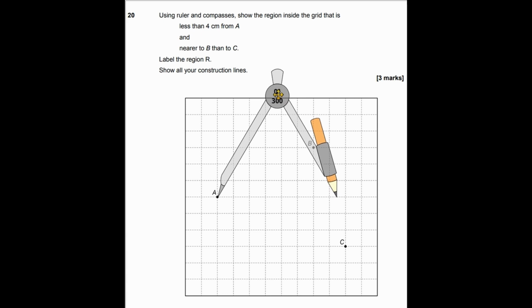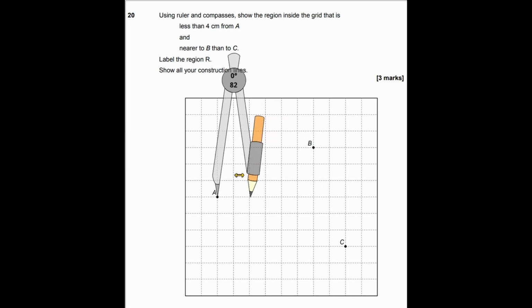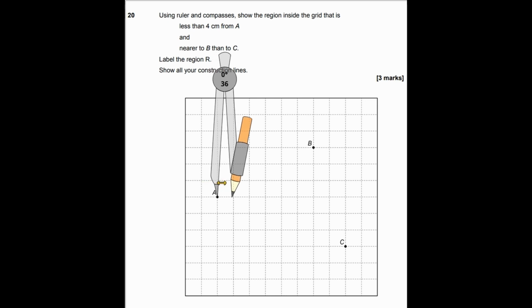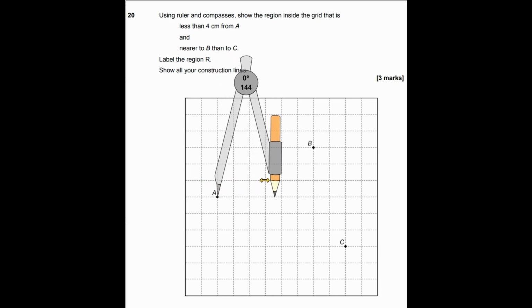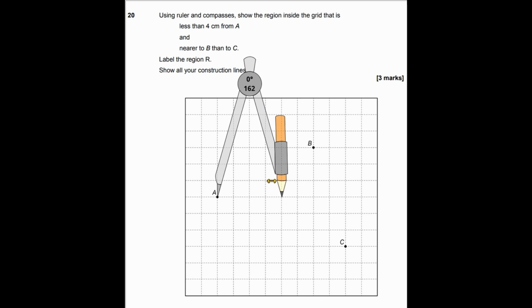First of all, compasses, and I'm going to put the point of the compass on A here. We need a region that is less than 4 centimetres. Now, if these squares are all 1 centimetre, that's 1, 2, 3, 4 centimetres.